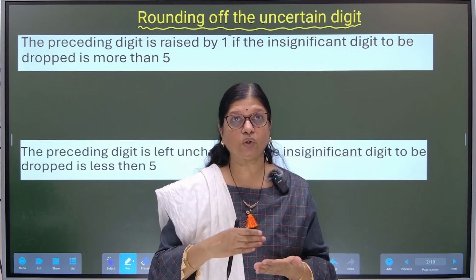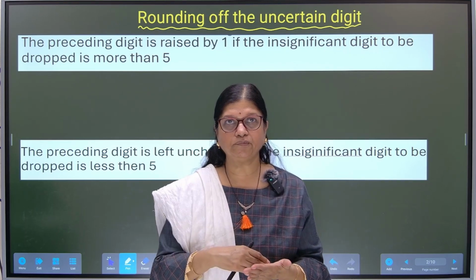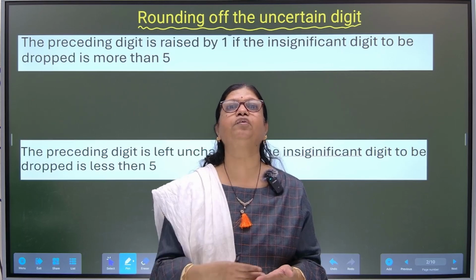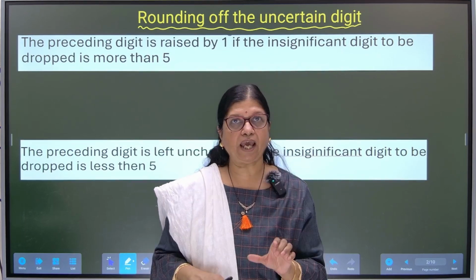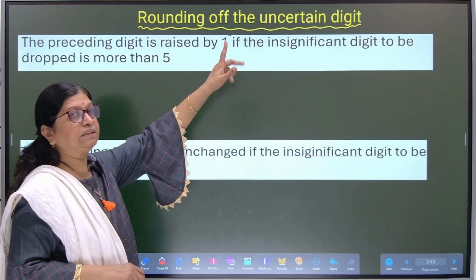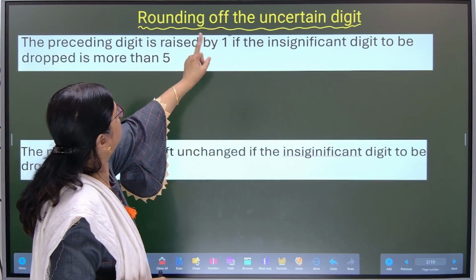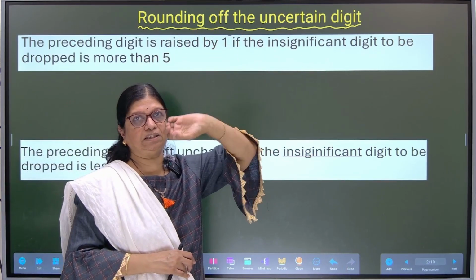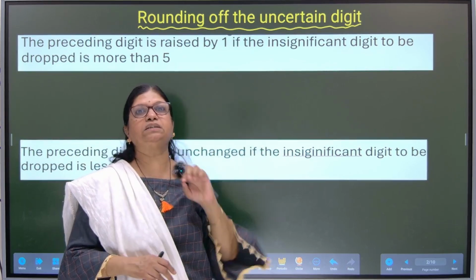So for rounding off towards the significant figures, we have some rules for rounding off the uncertain digits. Now here the word uncertain digit is also given. What is an uncertain digit?